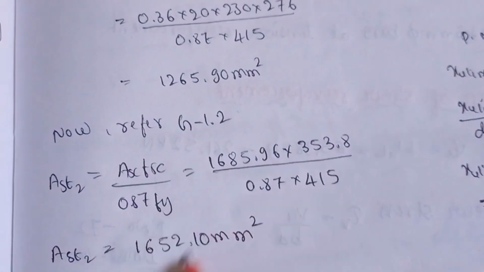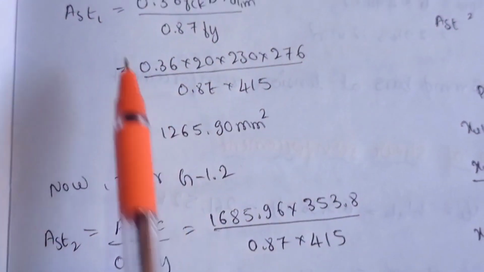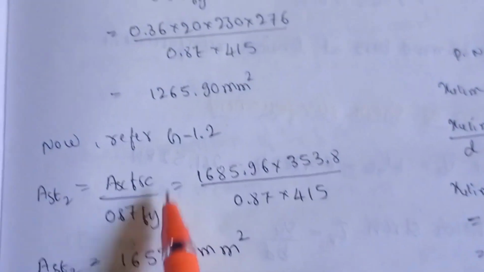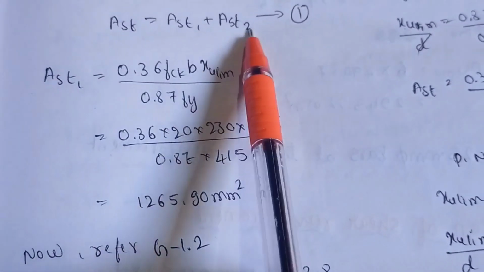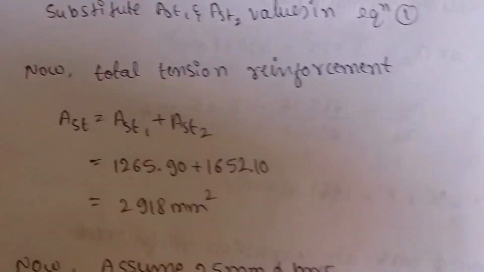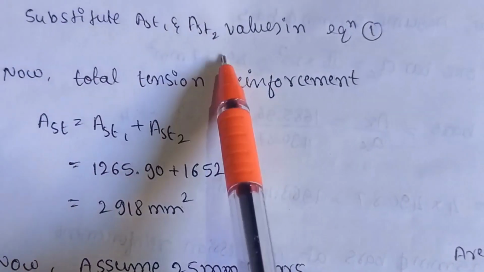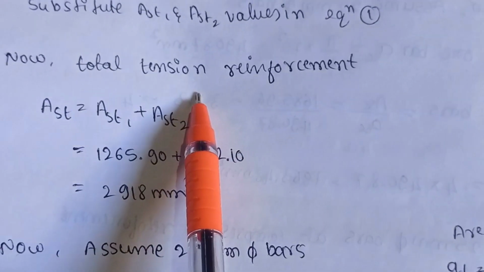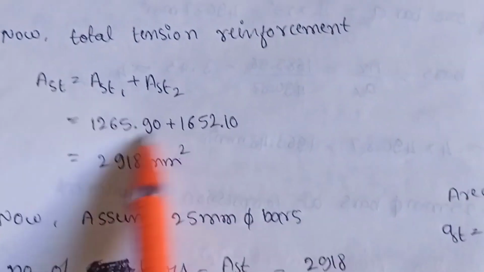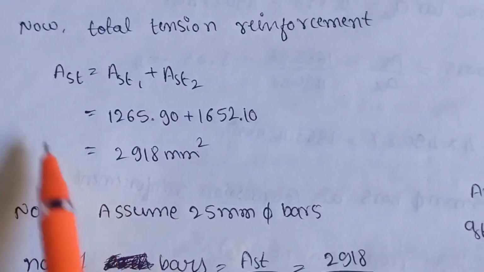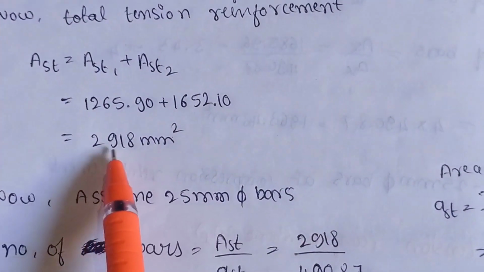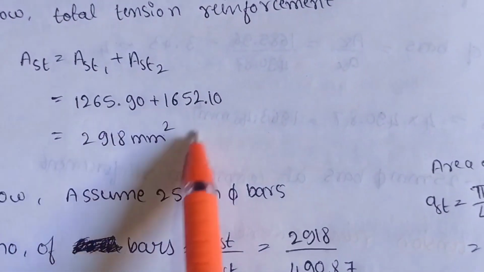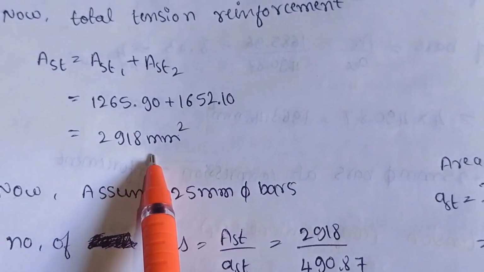Now we have both the AST2 value as well as the AST1 value. So substitute these two values in our equation number 1 to find out the total tension reinforcement. After simplifying we get our AST value as 2918 mm square. This is our AST value.